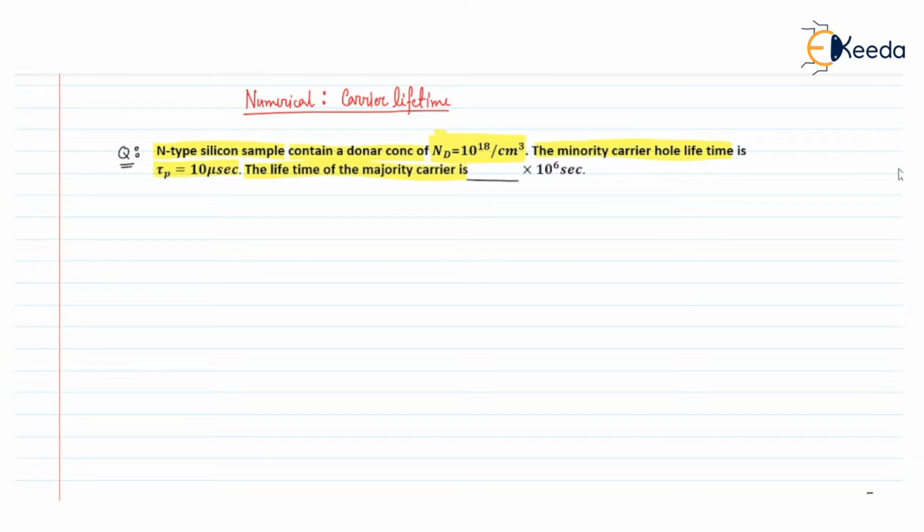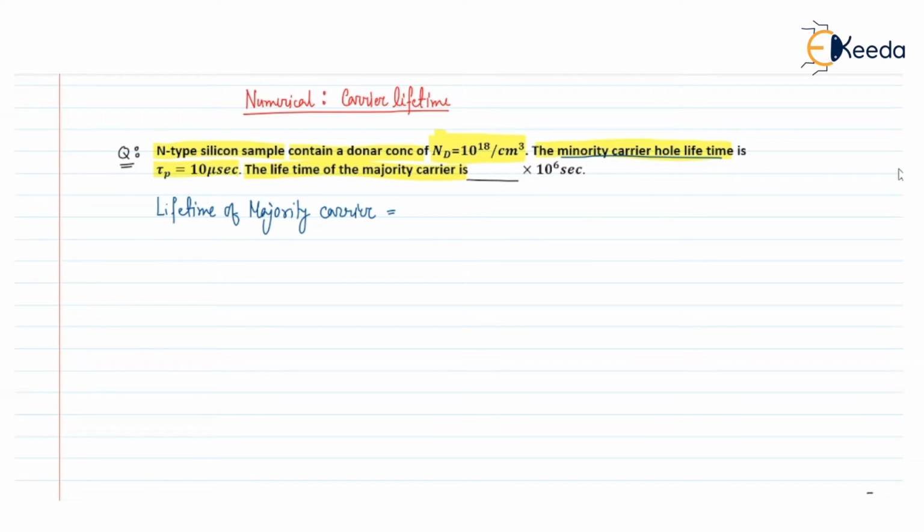So we can see from this numerical that the lifetime of the majority carrier is to be found in terms of the lifetime of the minority carriers.